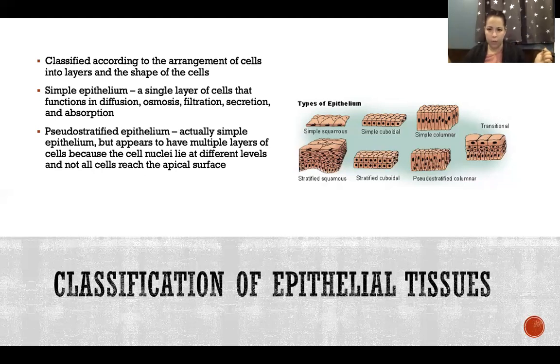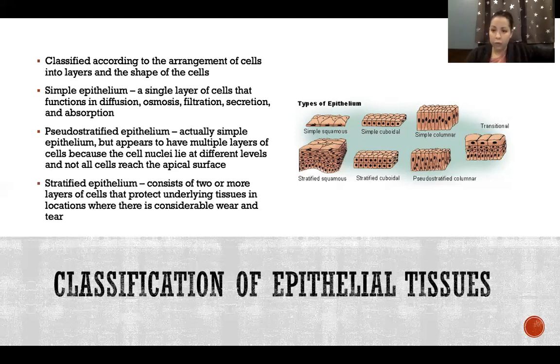With a simple epithelium, the nuclei of the cells are all lined up in a row, so you'd see one row of nuclei. In pseudostratified, the nuclei are at all different heights within the cells that are making up that single layer. So under a microscope, it might appear that there are 3 or 4 or 5 layers that make up that epithelium, but there aren't. There's still only one. So that's what makes it pseudostratified.